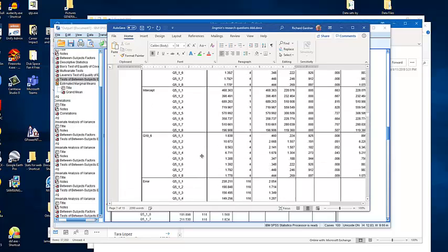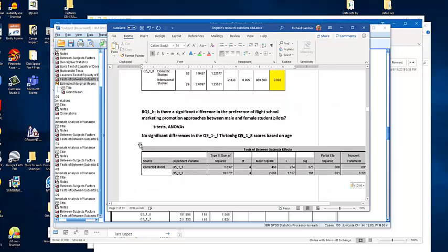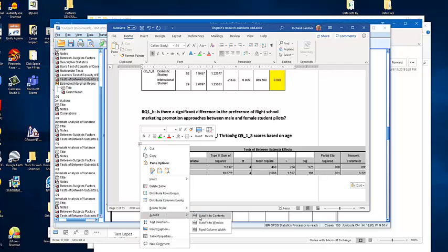And let's make it fit. Auto fit to window.